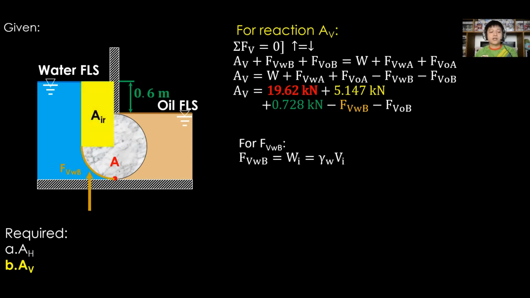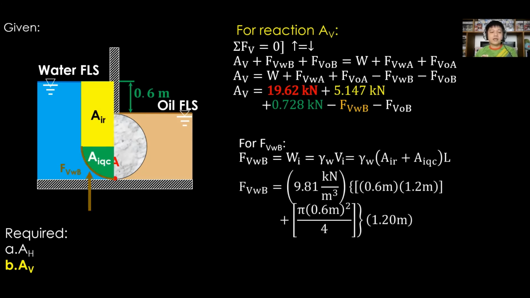So one rectangular prism, then add a quarter of a circle prism. Therefore, F sub VWB is equal to gamma of water times the quantity, imaginary rectangular area plus the imaginary quarter of a circle area, then multiply by length L.